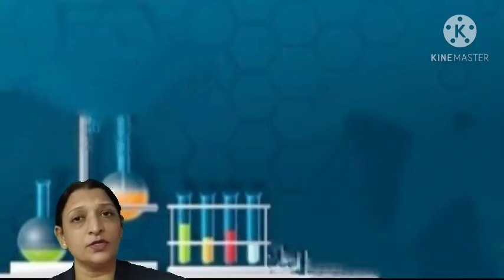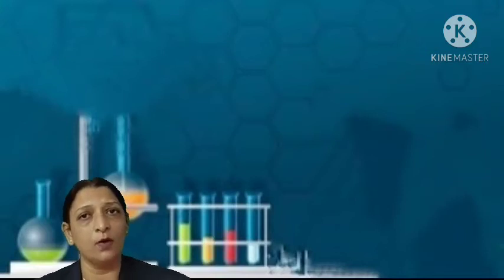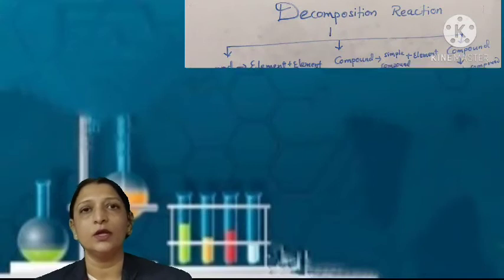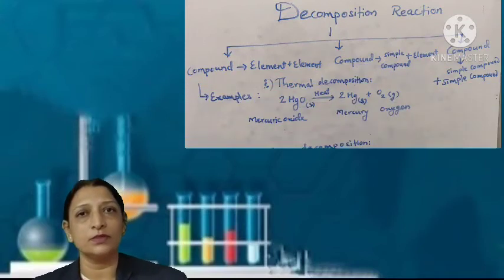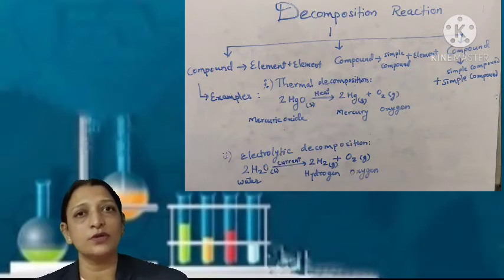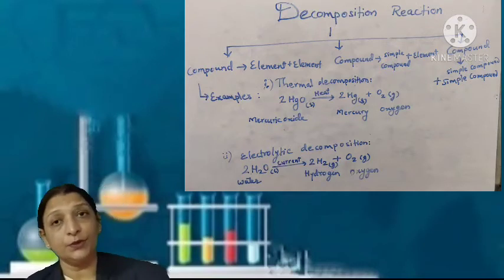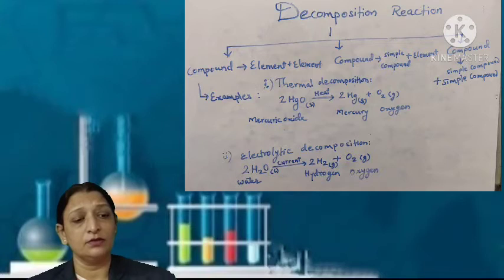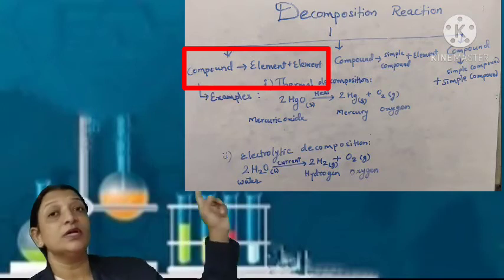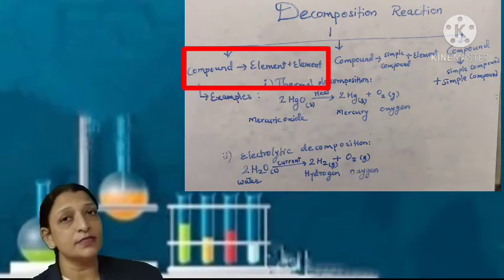A chemical reaction in which a complex compound is broken down on applying heat into simpler compounds, which are 2 or more than 2, is decomposition reaction. Due to decomposition reaction, we can see the complex compound breaks up into 2 or more than 2 elements.